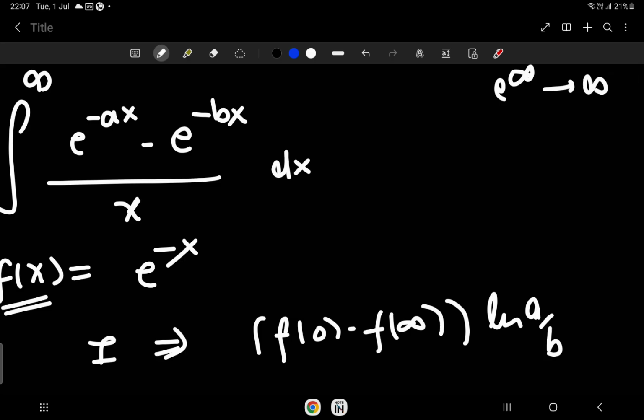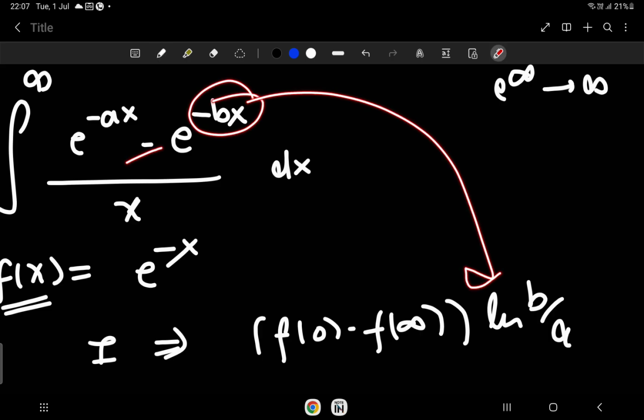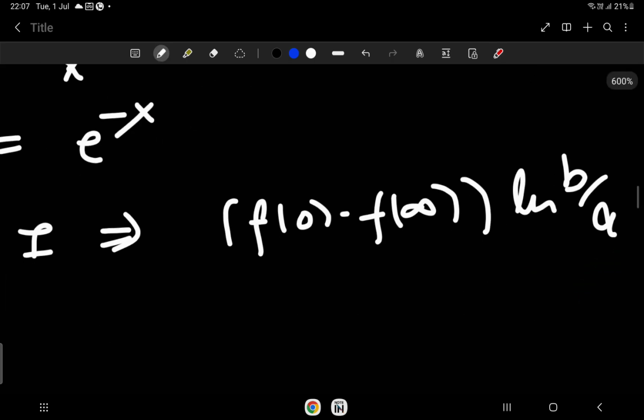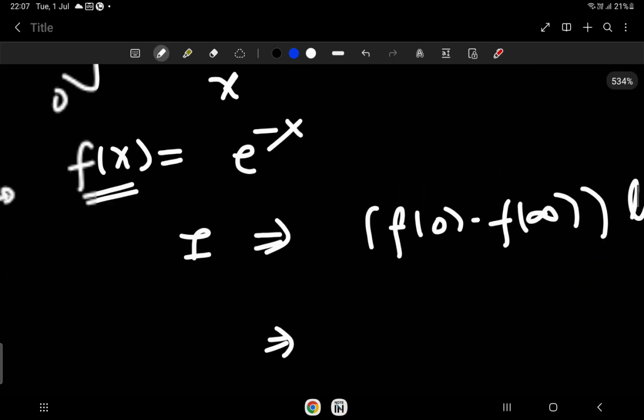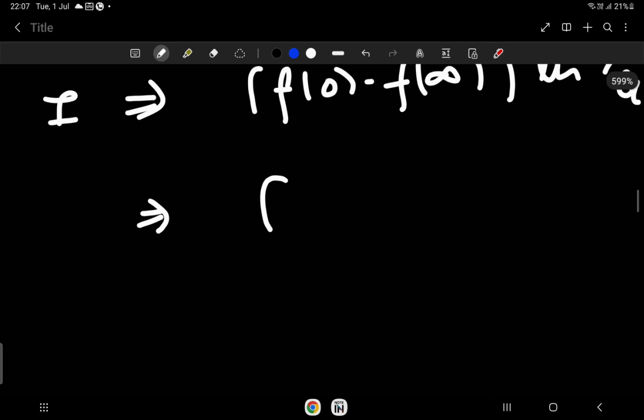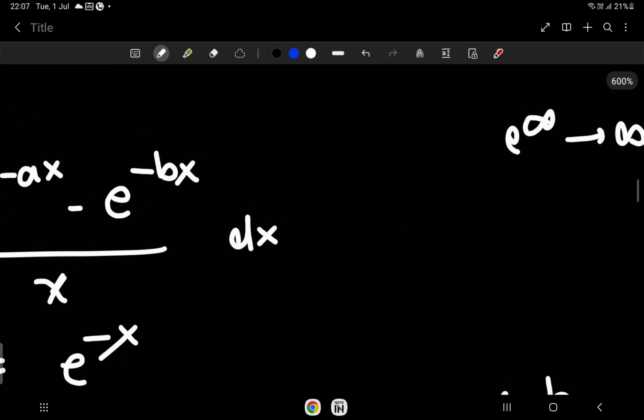Sorry, it would be b by a, as b is in the negative portion here, so b would be at the top. F of 0 is 1, obviously e to the power minus 0 is 1.